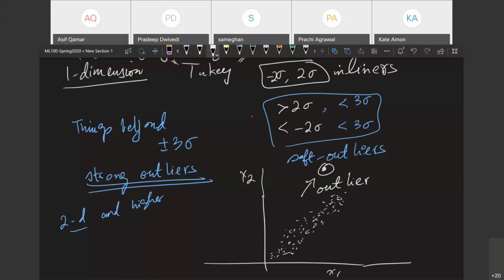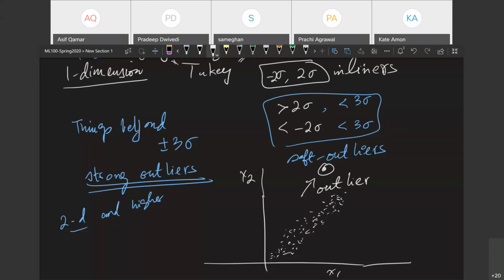Can you give real life examples of soft outliers? Yeah, a simple soft outlier is, let's go back to the beach. Suppose you're looking at the wind and the tides and how high the tides are. Suppose it's a pretty stormy day. The tides will be quite strong, isn't it?